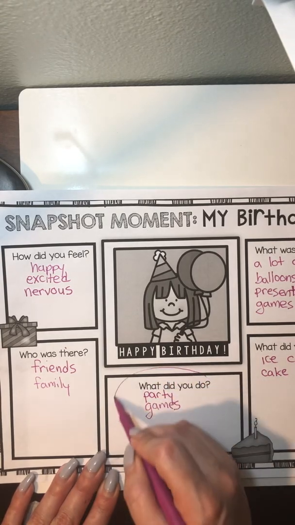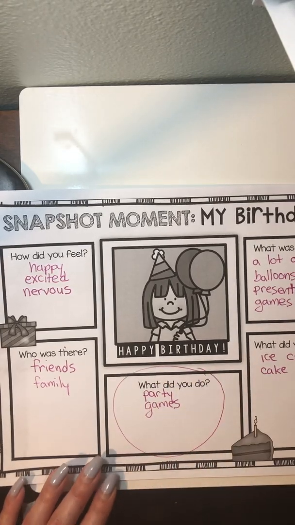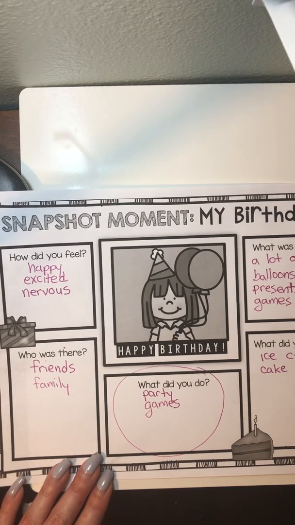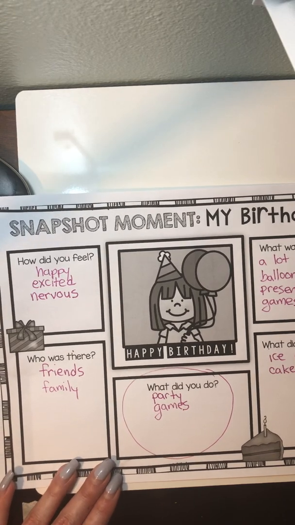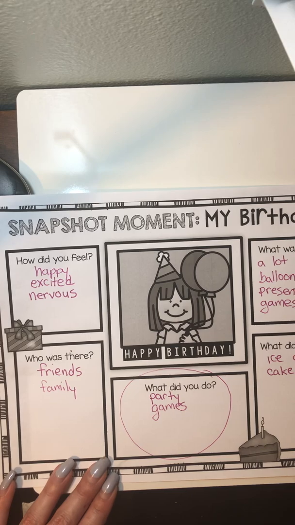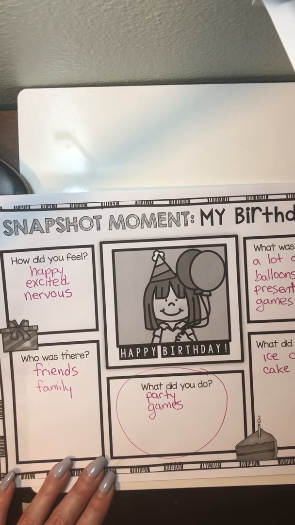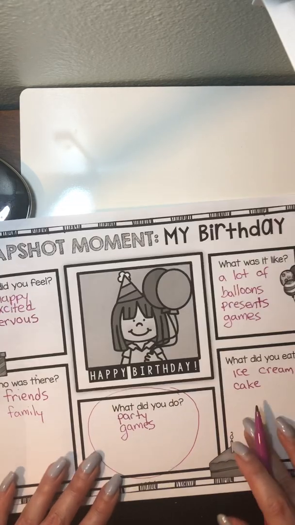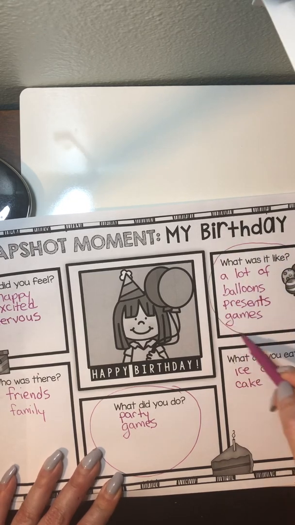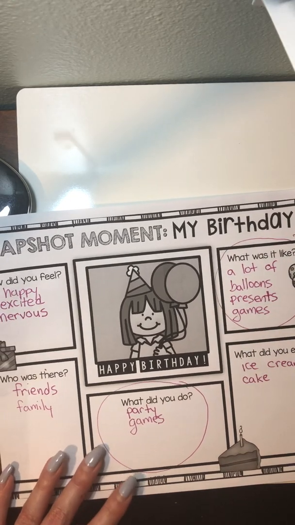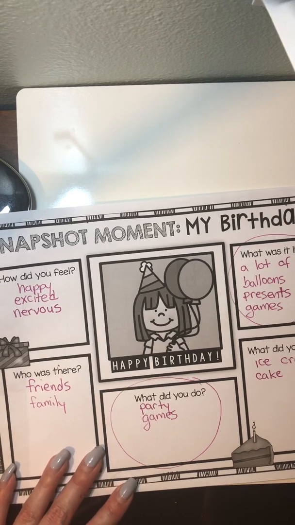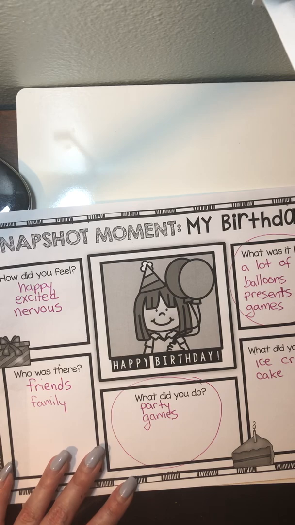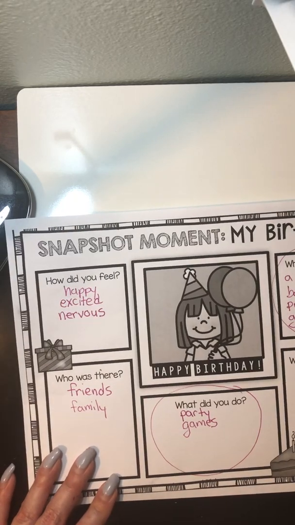I'm gonna pick this one. And then I'm gonna pick, how about, I'm gonna pick this one. And I'm going to pick, how did you feel?